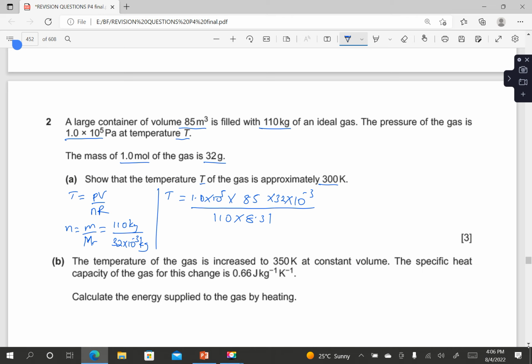Calculator: 1.0 exponent 5 times 85 times 32 exponent negative 3, divided by 110 times 8.31. So I am getting this as 297.6, which is approximately 300 Kelvin to one significant figure.